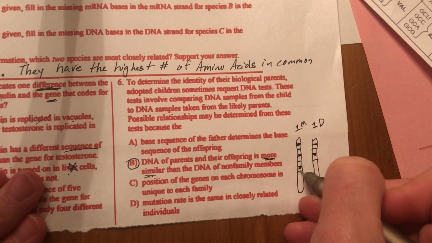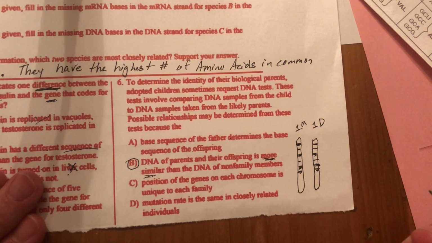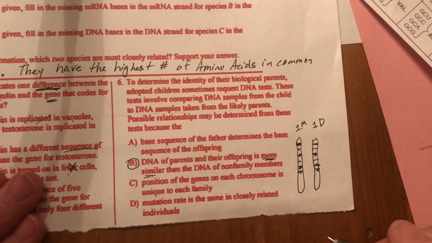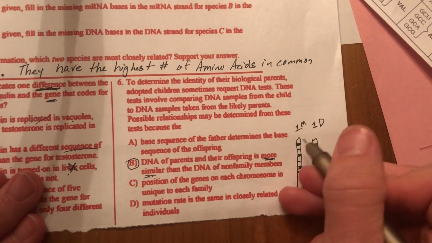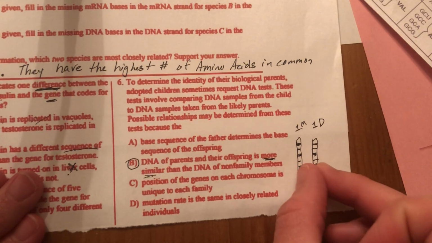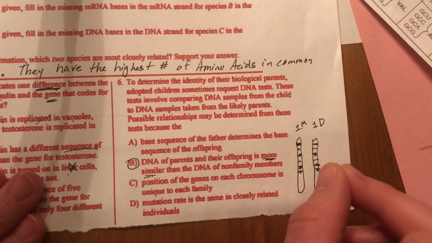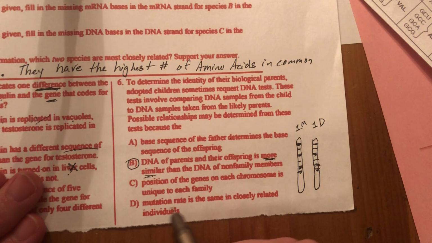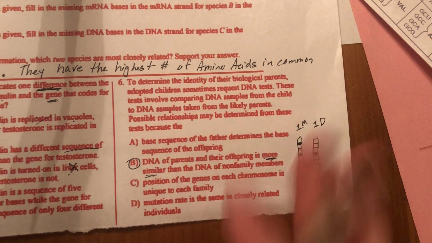So the position of the genes are identical. It's just this person may have a different version or allele for that gene, but the position of them is still going to be identical. Okay? Positions of genes are identical on chromosomes. Like chromosome number 1 has all the same positions. All right? Individuals, mutation rate is the same. No, mutation rate is completely unpredictable, so that's out.